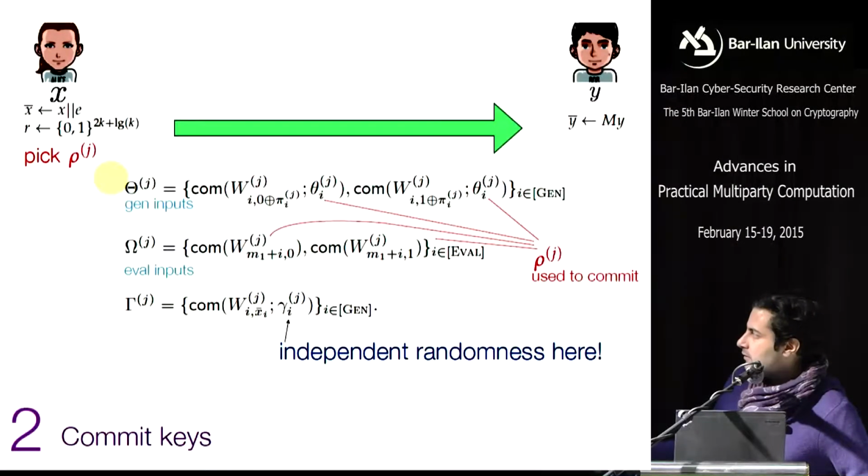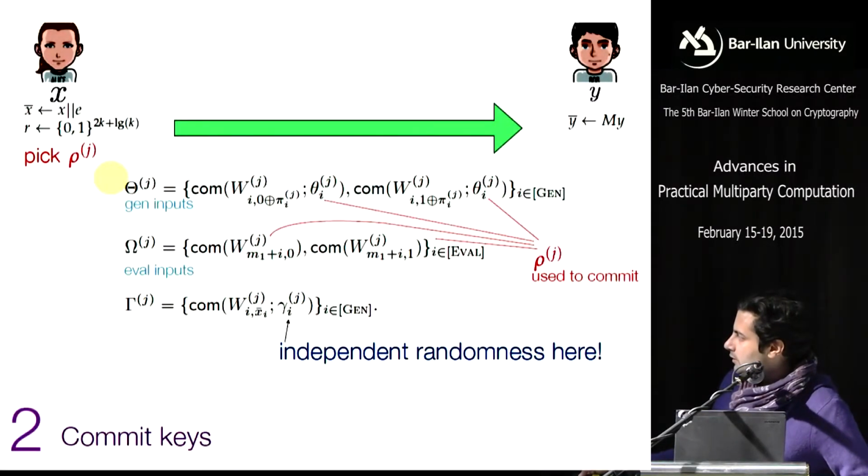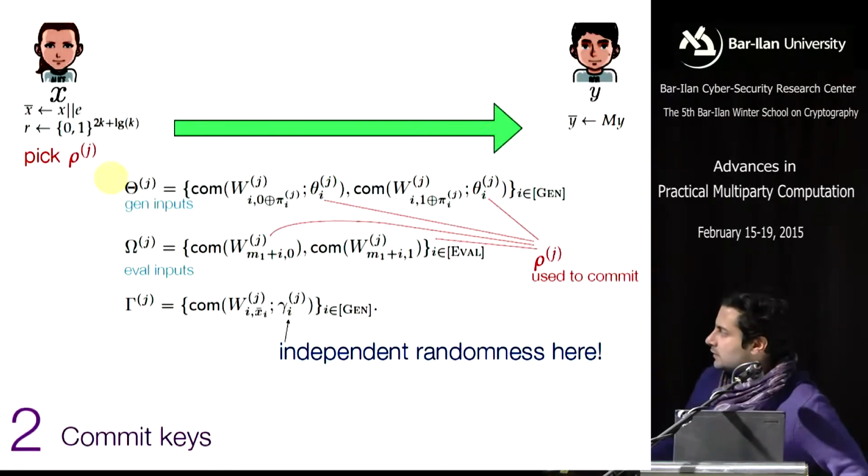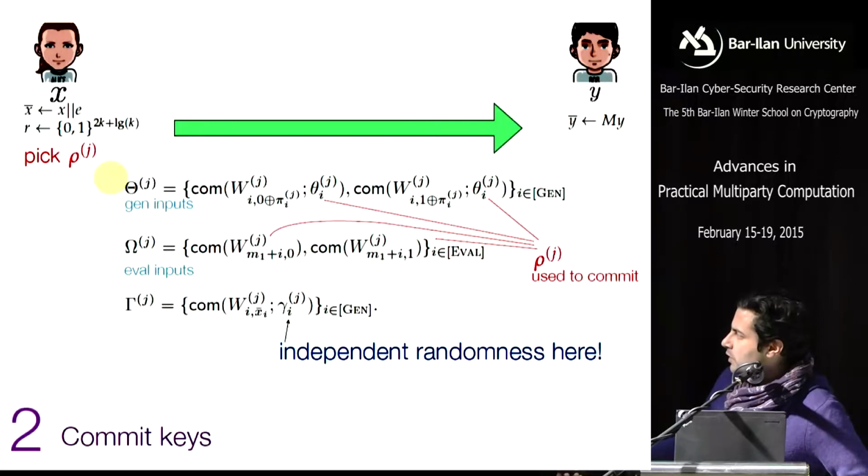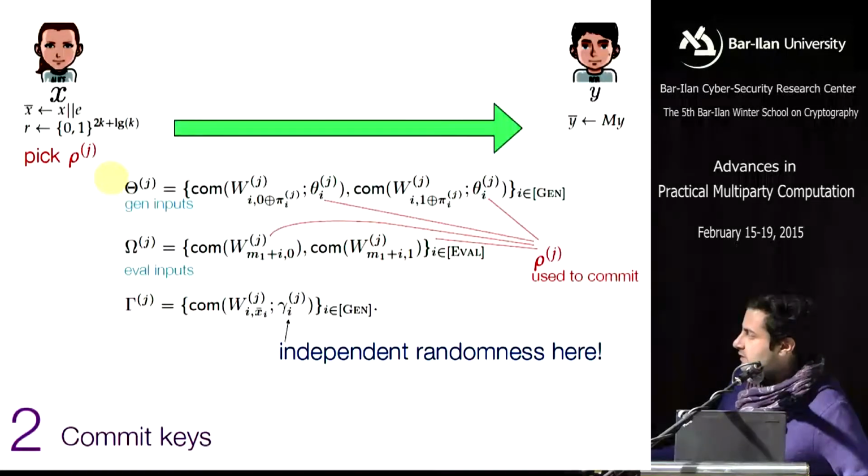Again, the randomness needed for these commitments will be generated pseudo-randomly here. So here, the generator's inputs are committed, the 0 wires and the 1 wires, in permuted order, because those are Alice's inputs. And the evaluator's inputs are committed such that the first slot will be zeros and the second slot will be all ones.